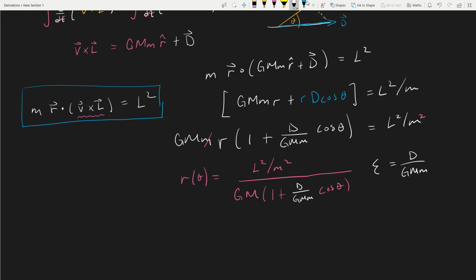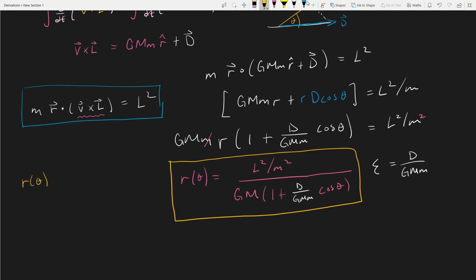Maybe it seems like an anticlimactic finish, but this is it. This is the result. I showed in a previous video that when r depends on theta in this way, for a standard ellipse, I think it's just a outside of 1 minus epsilon squared over 1 plus epsilon cos theta.